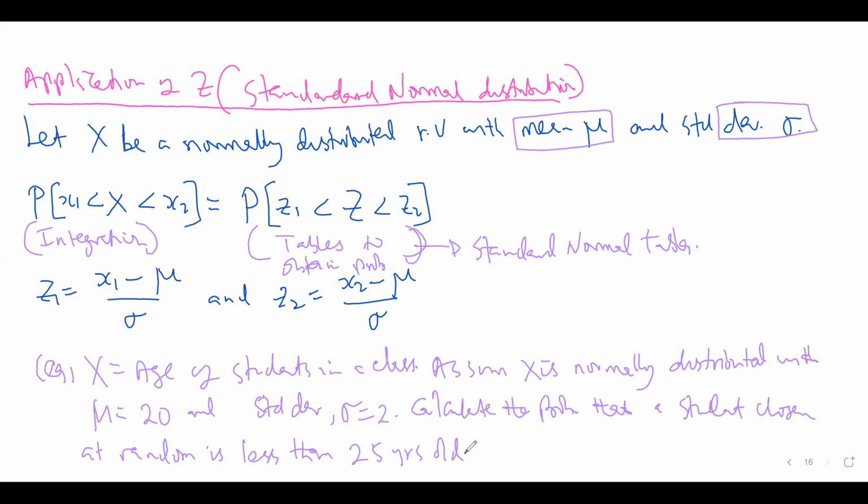Okay, so basically what this question is saying is that there is X there. Then we have this curve here. Then the mean, which is at the center, is 20. Then there is a 25 somewhere.